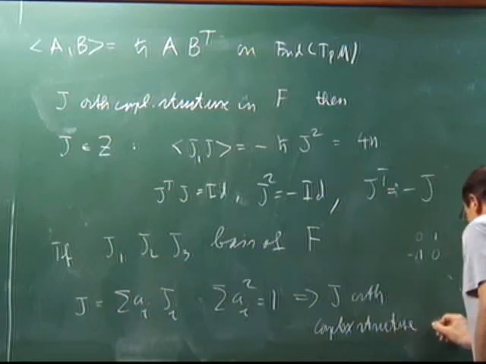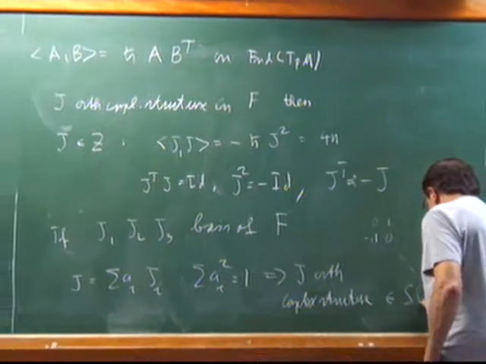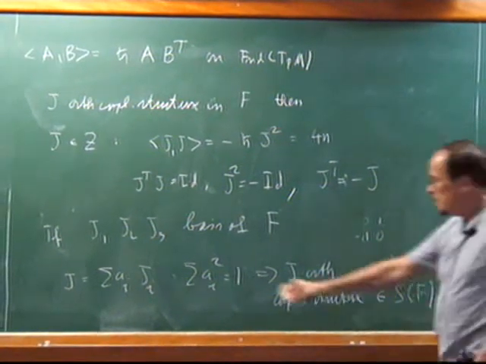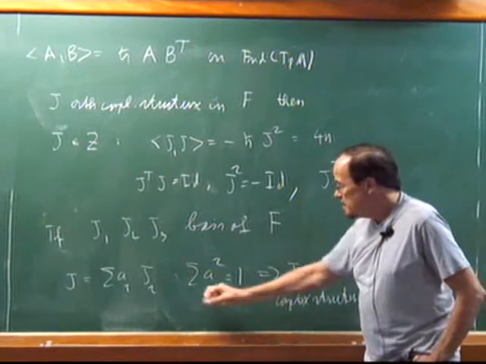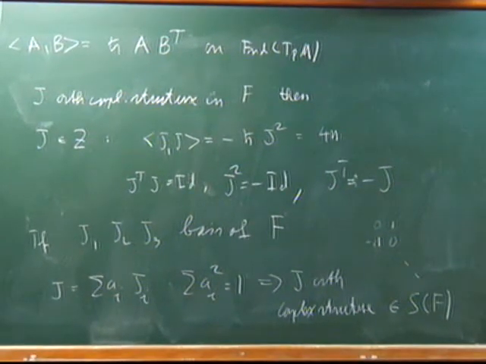And in fact lies in S of F, in the twistor space. So any linear combination of my basis elements, as long as the combination has summation a squared equal to 1, also lies in S of F.